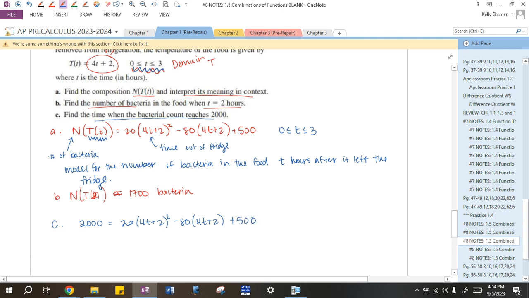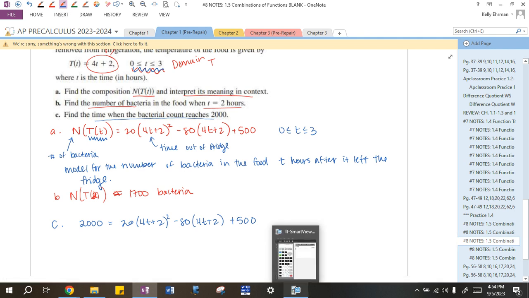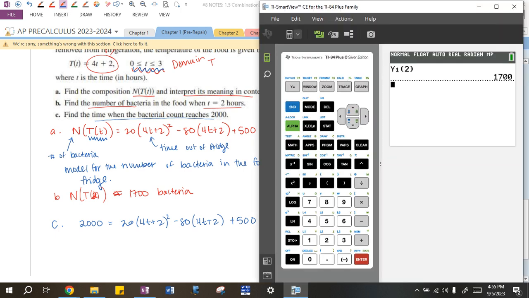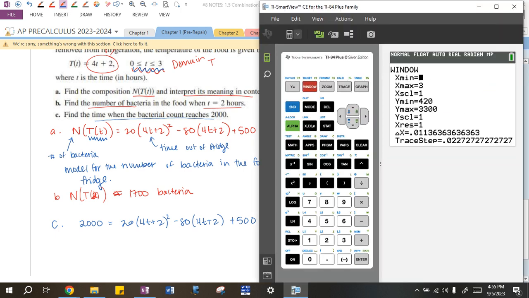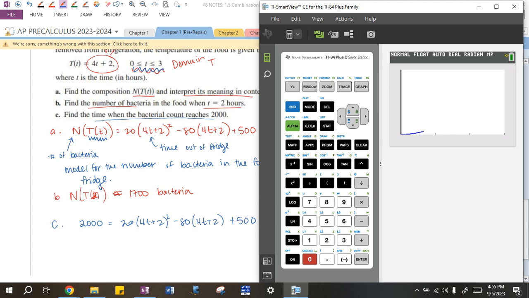So the long way to do this is square all this out, get the thing equal to 0, solve for t. The short way, because you have a calculator, is to get the thing to graph. And again, if you didn't follow that, that was window, domain, zoom fit.